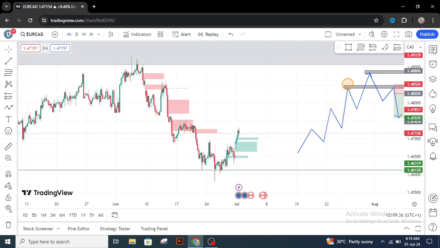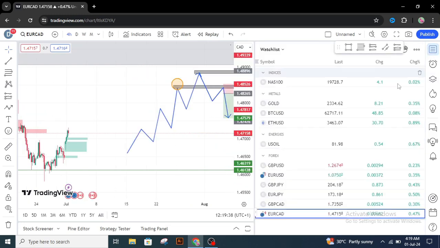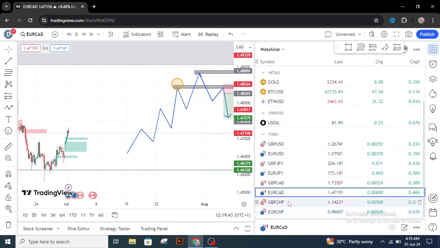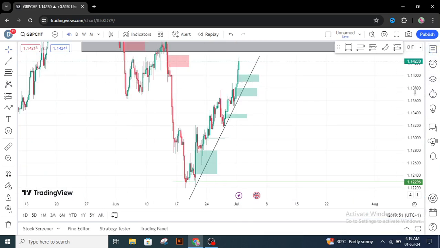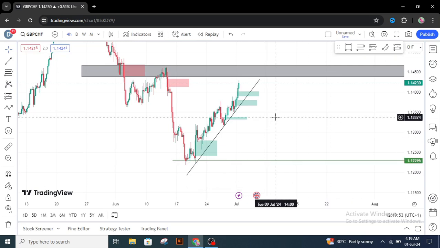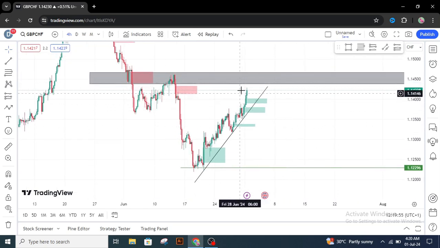There's one where I used a trend line recently, and I would like to show you. So come to, I think it's GBP. Yeah, GBP. So this is GBP. Even if this trend line breaks, I don't expect much.